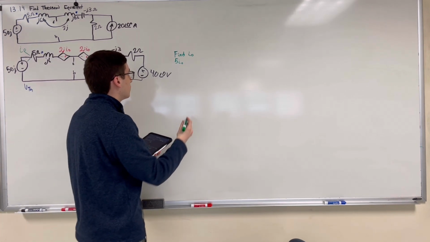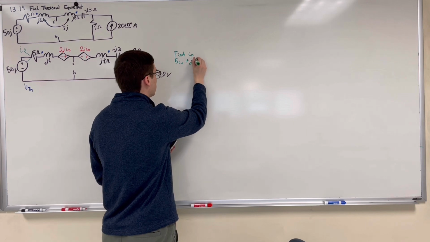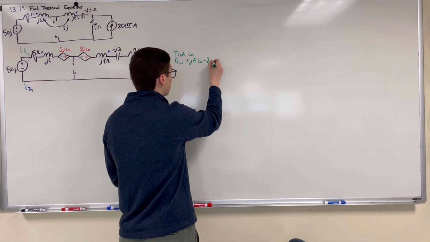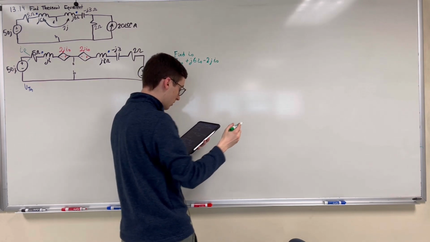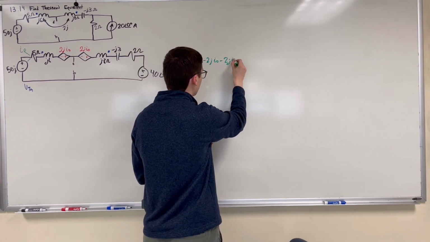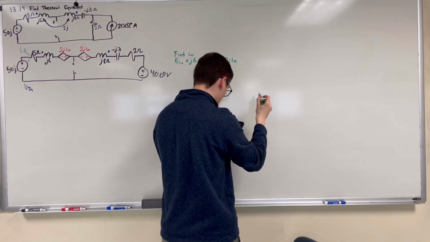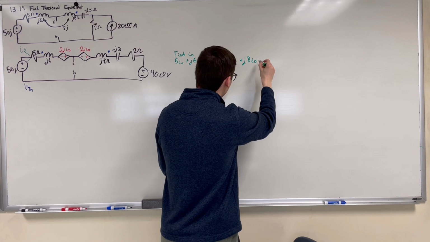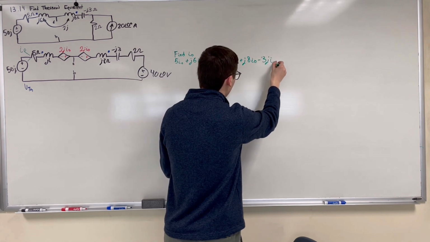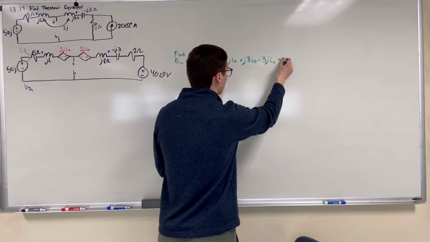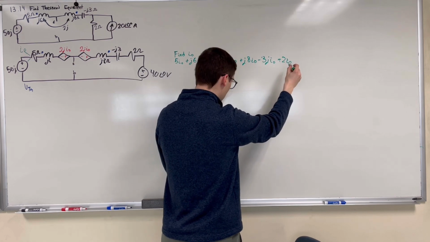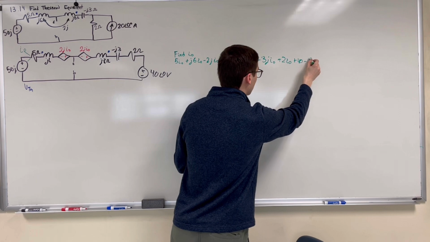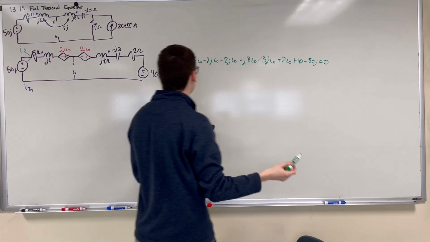All right, so it's going to be 5IO plus J6IO minus 2JIO minus 2JIO plus J8IO minus 3JIO plus 2IO plus 40 minus 50J equals 0.